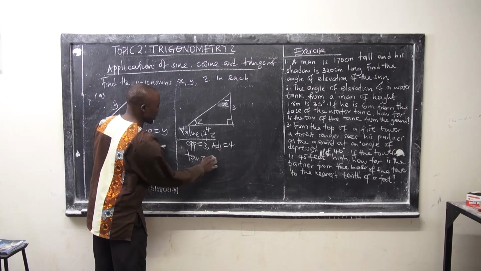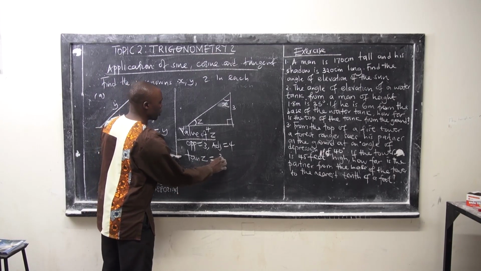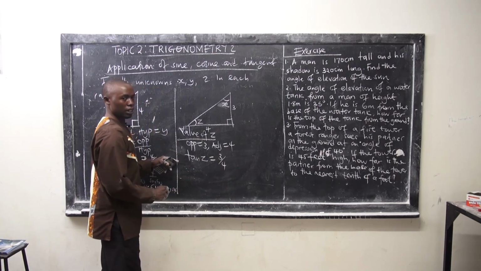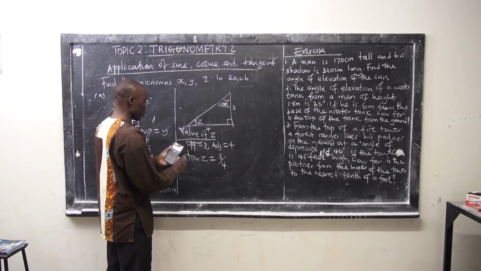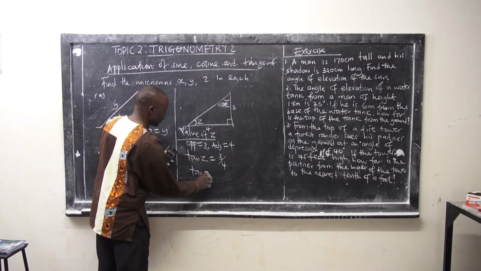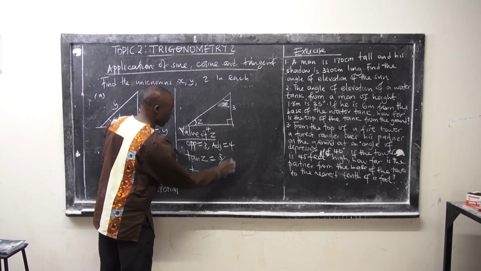So tan z will be the opposite over adjacent. We can punch that in: tan z is equal to 0.75.